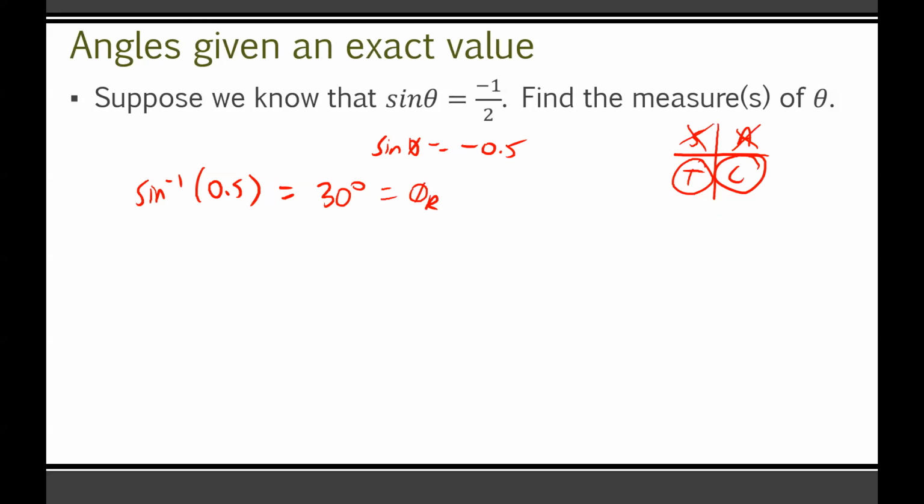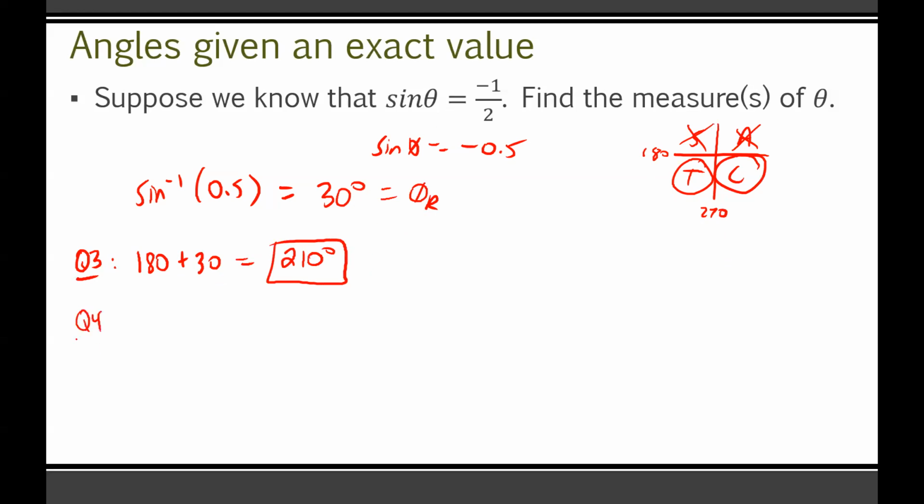Let's start with quadrant 3, the T quadrant, right? Quadrant 3, remember, is between 180 and 270, so we need an answer in between those. Our reference angle always comes down from the x-axis, so we'll take 180 and add 30 degrees to it. That's going to give us 210 degrees as our angle that theta could be here.